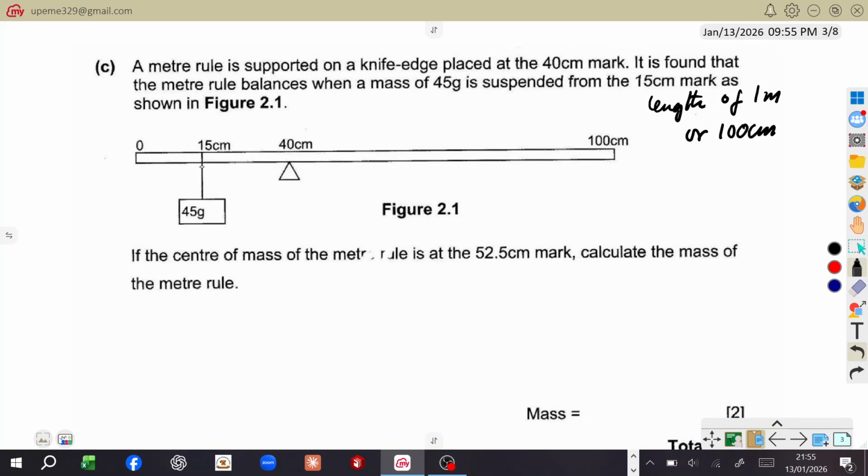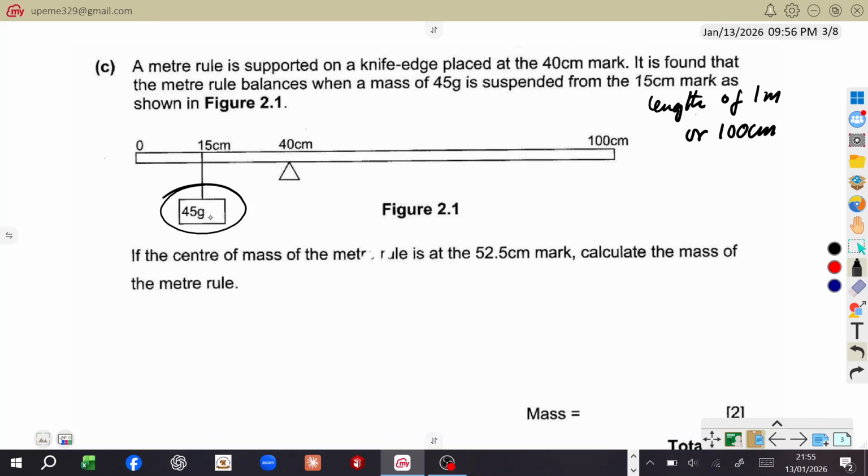So meaning that, logically, before we even go on, if this object is not placed here and the meter rule is just supported by a knife placed at 40, will this thing balance?